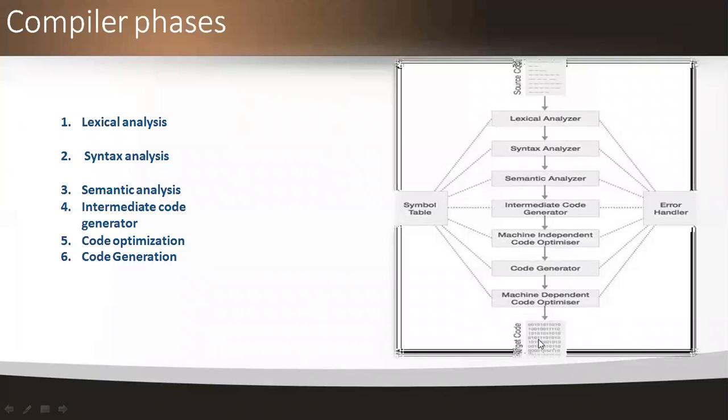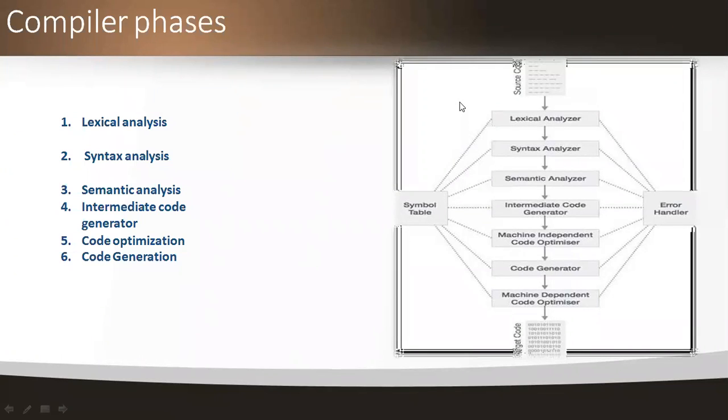For that question, we are explaining with these 6 phases. That means we are learning about an internal implementation, how the compilation is carried out by using these 6 phases.